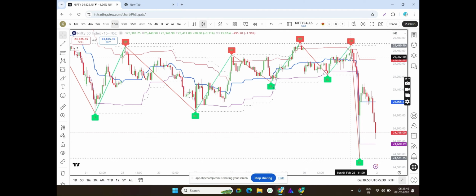Then we went up and we hit here. Okay, so aggressive traders could take this as trend change level. Okay, and the trend change happened at 11:30. There was a pullback coming till here.